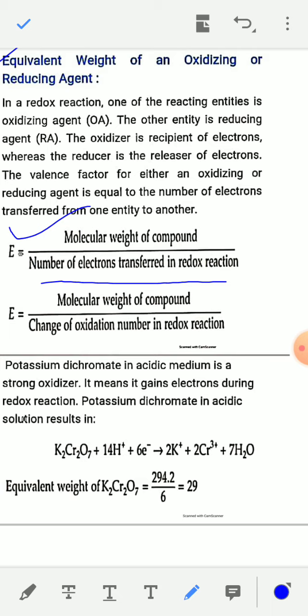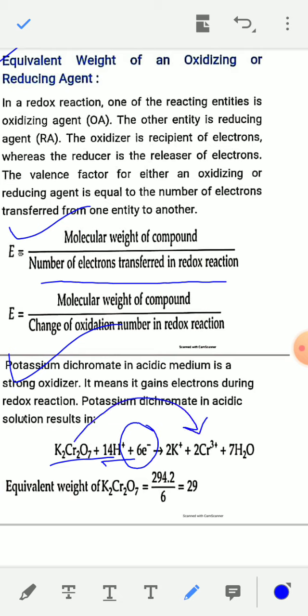For example, potassium dichromate, K2Cr2O7, in acidic medium, meaning in H plus medium, is a strong oxidizing agent. It gains 6 electrons and is reduced to the chromium 3 plus ion.